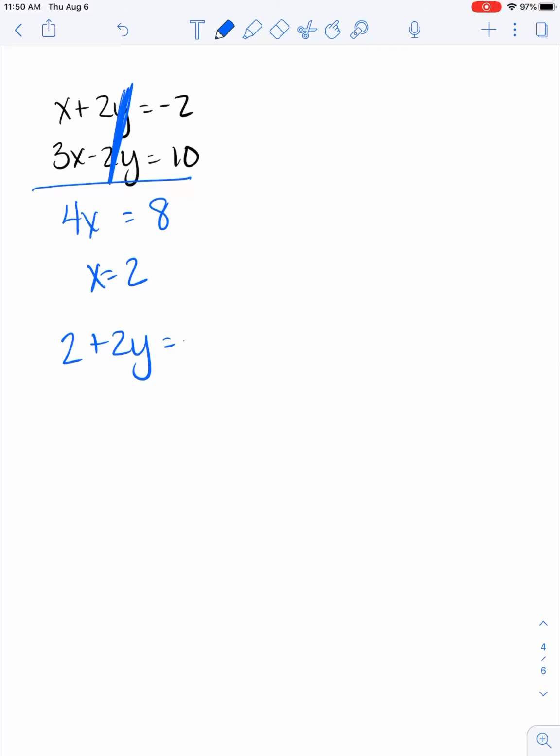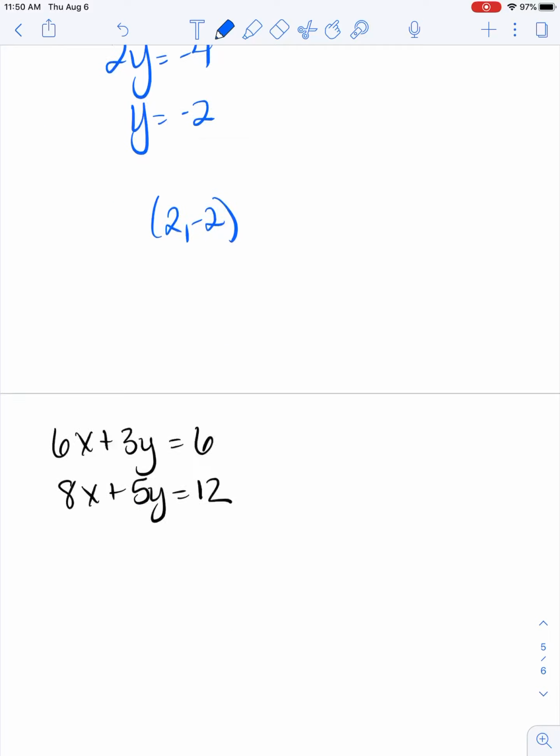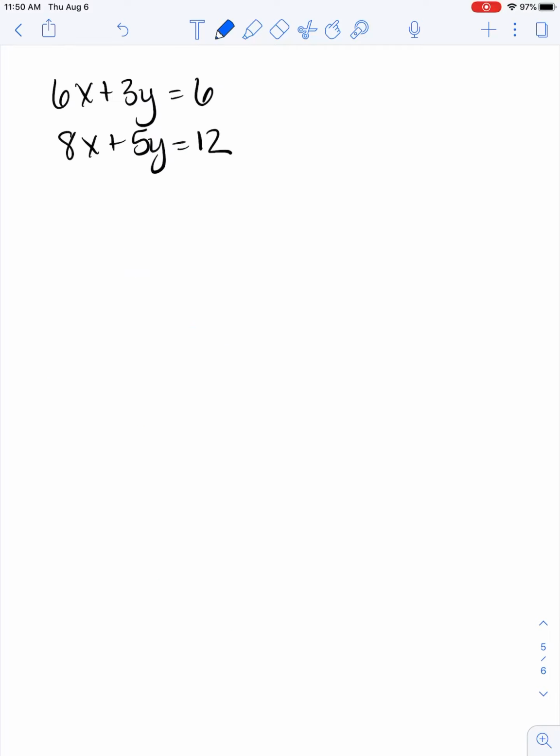So x is 2, so 2 plus 2y equals negative 2. If I go back into the top one, 2y equals negative 4, so y equals negative 2. So my point is (2, -2). So that's kind of like a gift. So don't panic if that happens. That's just a really nice bonus.